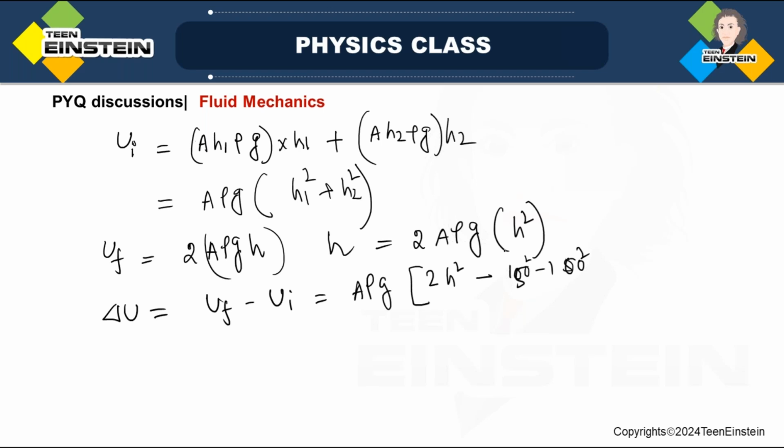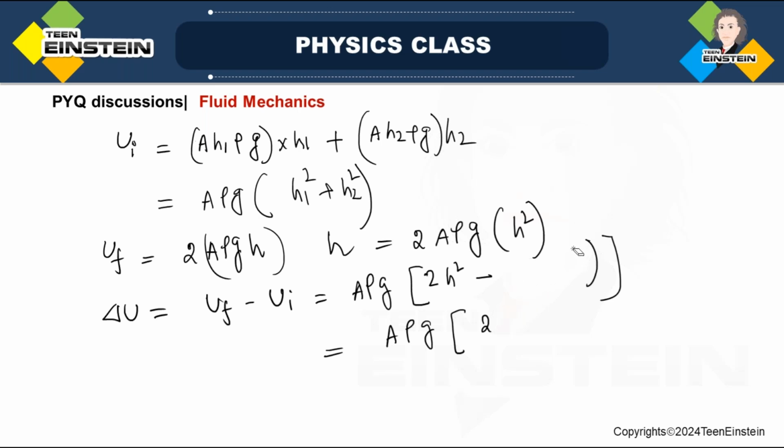I can take this positive. So this is the difference. We have to take the mod of that. A rho g, let it be, 2 times h1 plus h2 whole square. I think I can go with this directly.